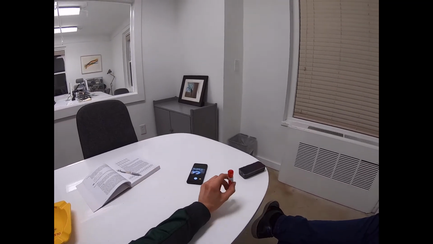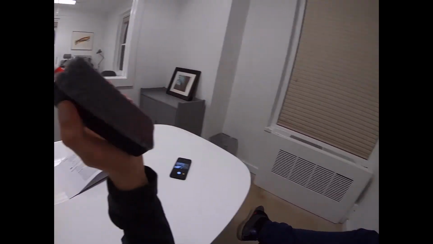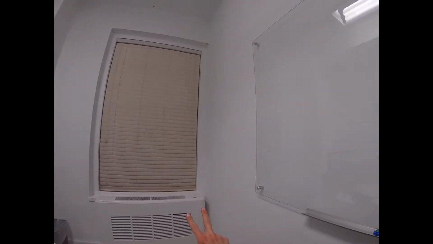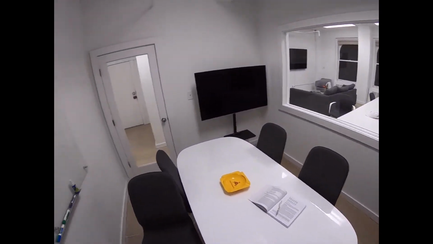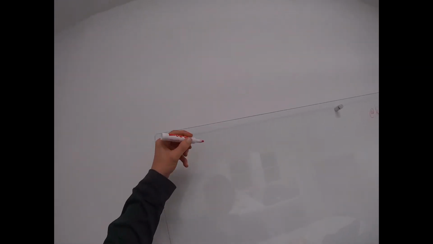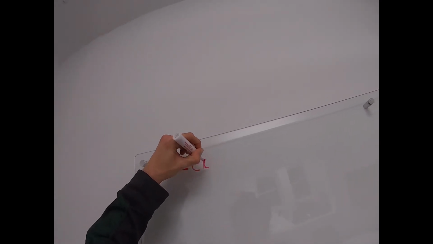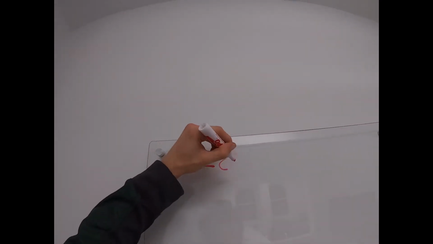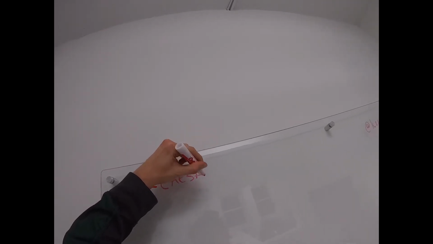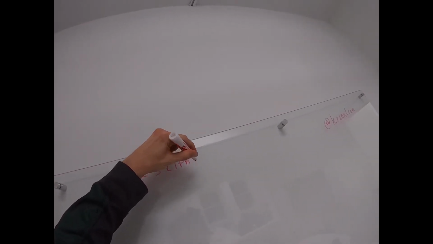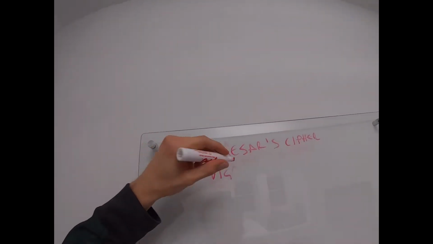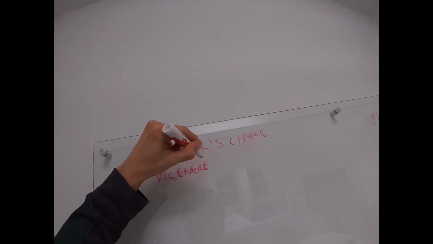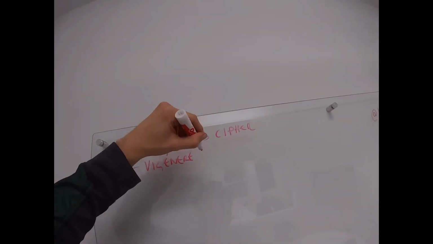The next topic is going to be the first two encryption algorithms ever invented, which are Caesar cipher and then Vigenere. Where does the accent go? I don't know.